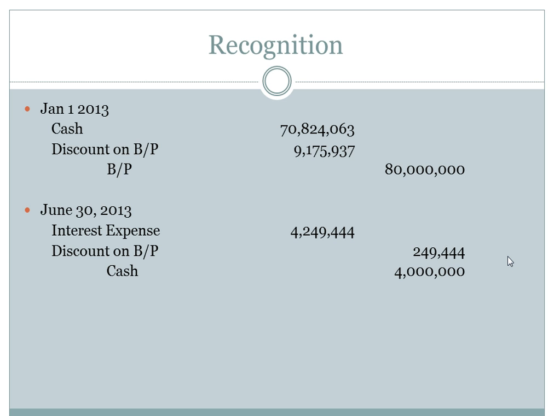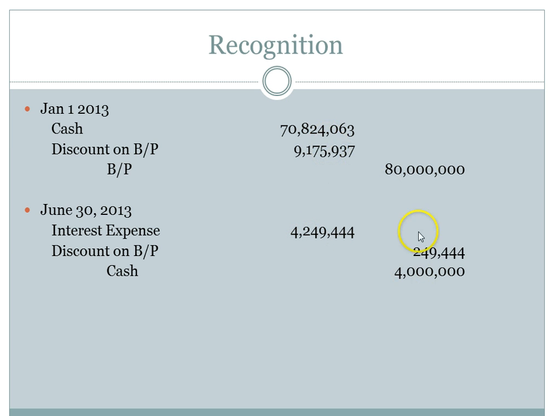It's basically a holding account where I temporarily hold some interest expense, and then I allocate some of that every 6 months to the income statement. So what happens on June 30th is my interest expense consists of the $4 million of cash payment plus the amortization of the bond discount. And so I end up with this $4.2 million worth of interest expense.